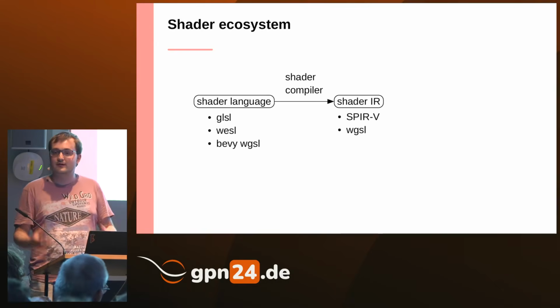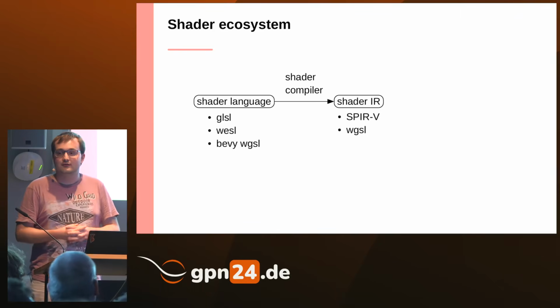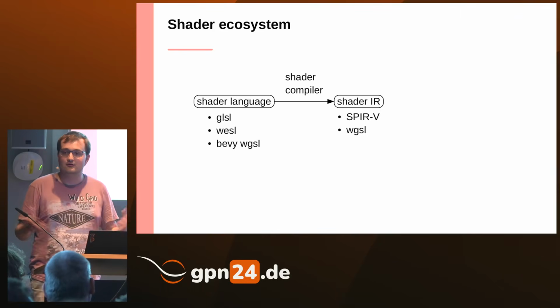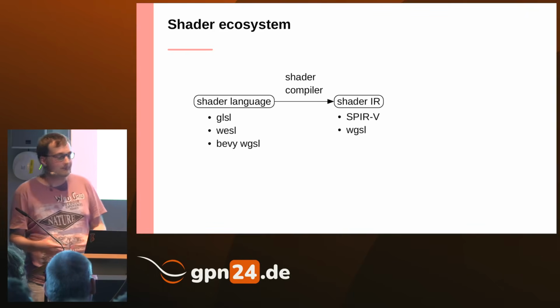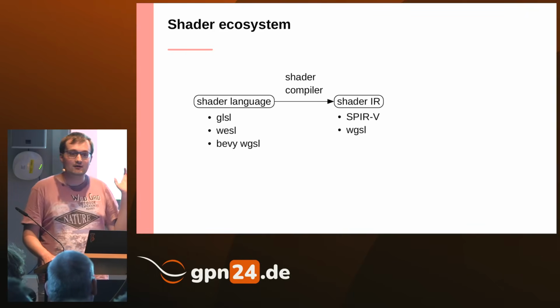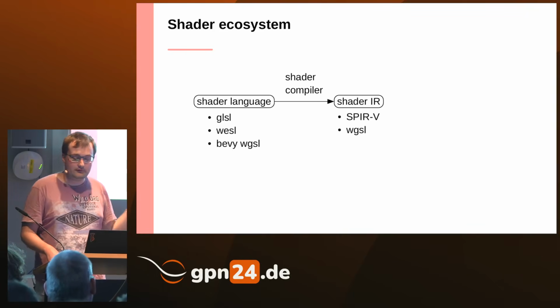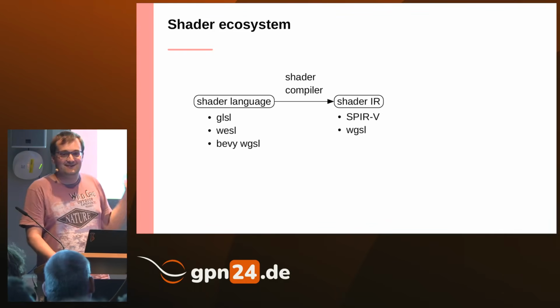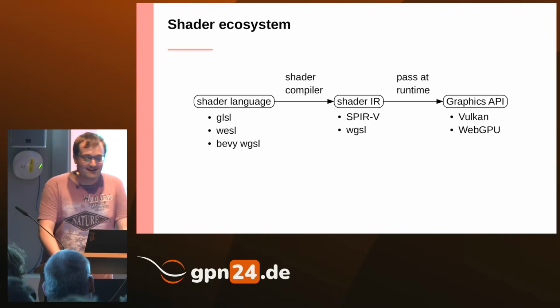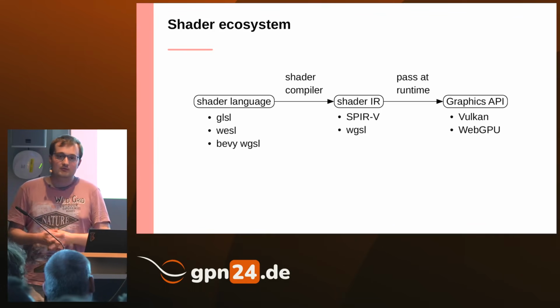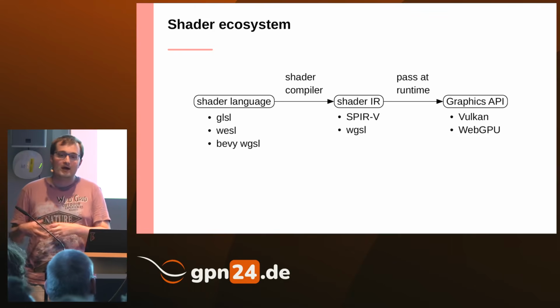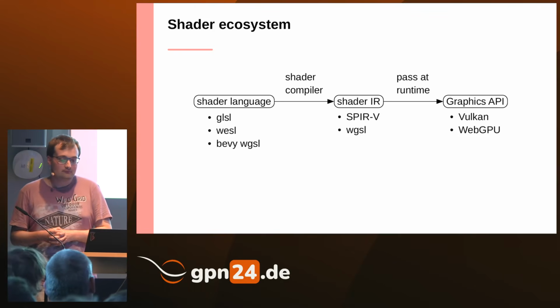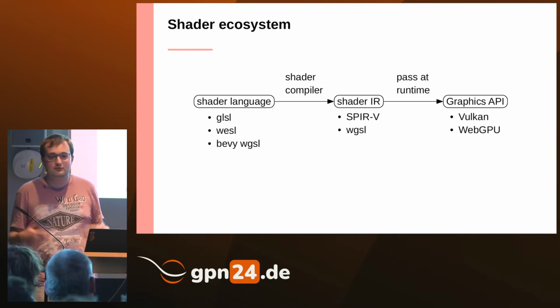IRs being intermediate representations, some sort of specification of what the bytecode has to look like. For example, there's SPIR-V, which is a really popular one for Vulkan, and in a way also WGSL source code. And then at runtime, you take these IRs and pass them to your graphics API, for example Vulkan or wgpu.